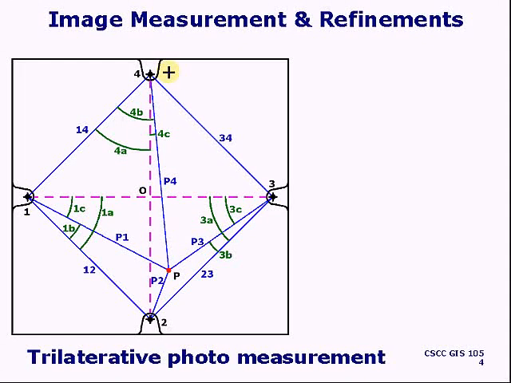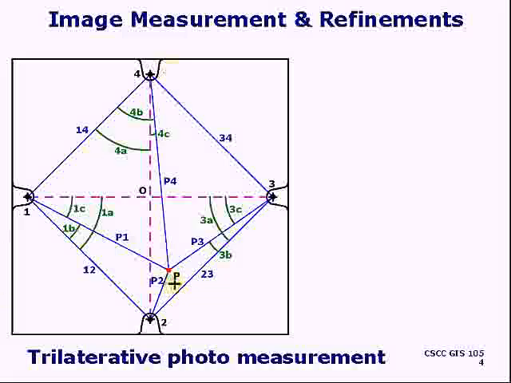Those are labeled as line segments. 1, 2 is the line between 1 and 2. If we have coordinates for those 2 points, which we will from our camera calibration, you can compute the distance between those points.